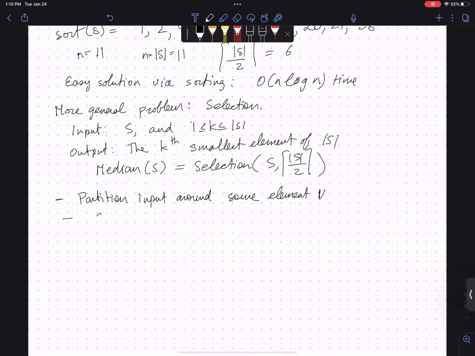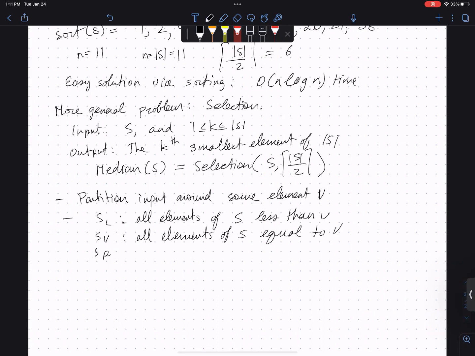And then we have SL, SV, and SR. So SL is all elements of S less than V. SV is all elements of S equal to V. So there may be many, there may be like 5 of them, and they're all going here. And SR is all elements of S greater than V.